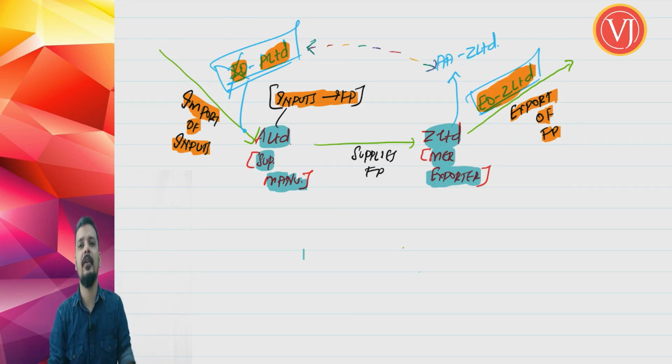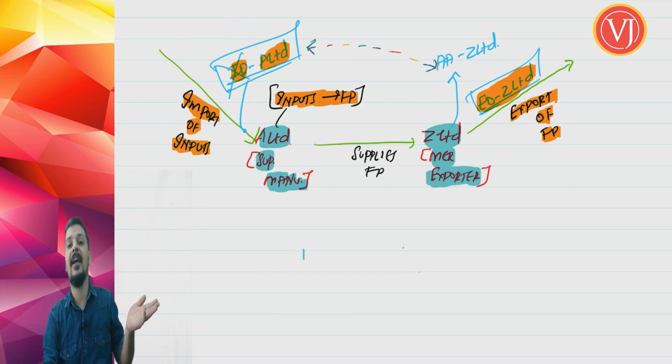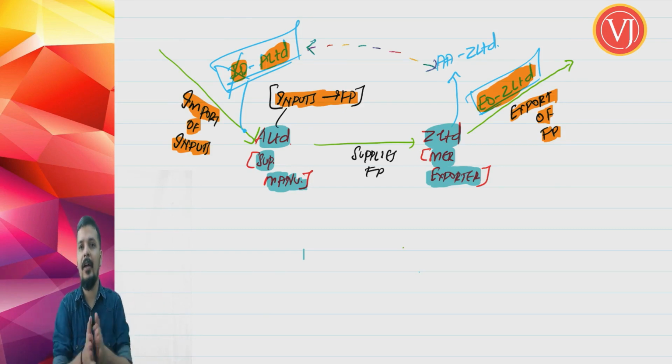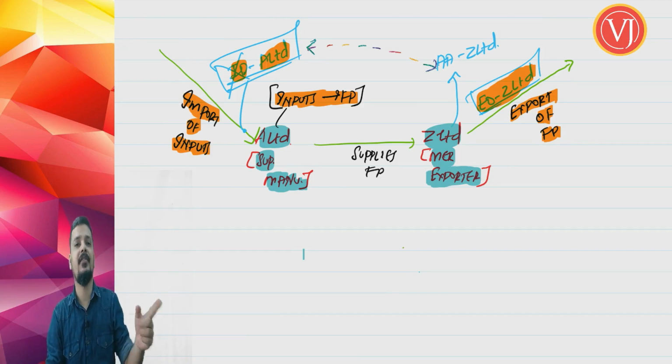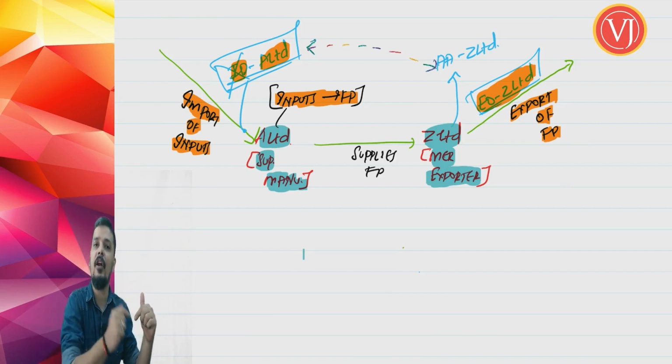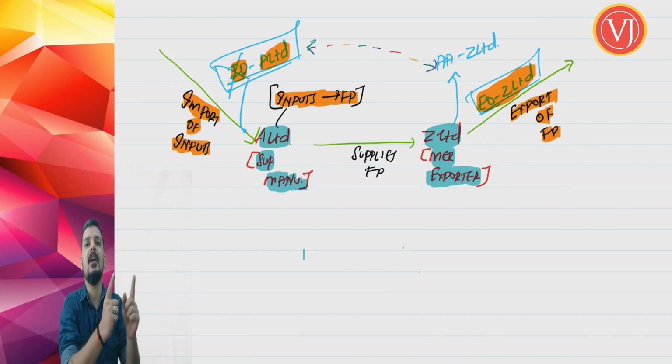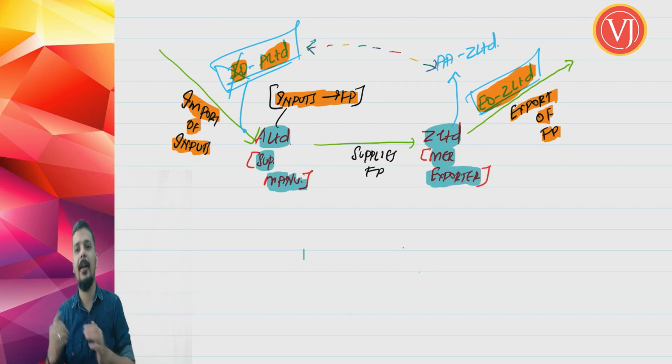What I will do is, I have a supporting manufacturer tied up with me. Both are tied up, both have an understanding. Now that supporting manufacturer will import the inputs, and using my advance authorization will not pay the import duty, right? He will convert inputs into the final product and give it to me, and I will export.